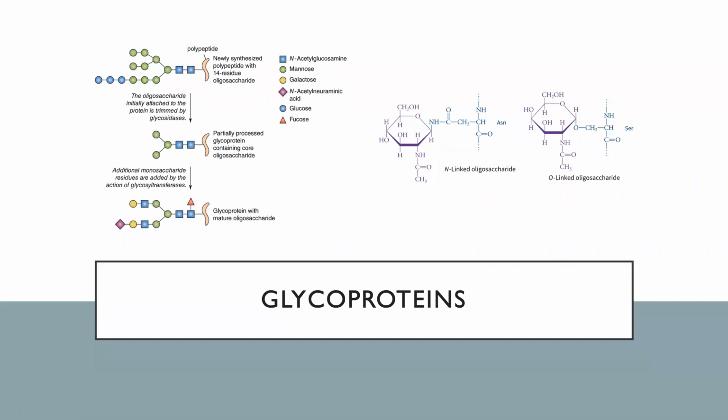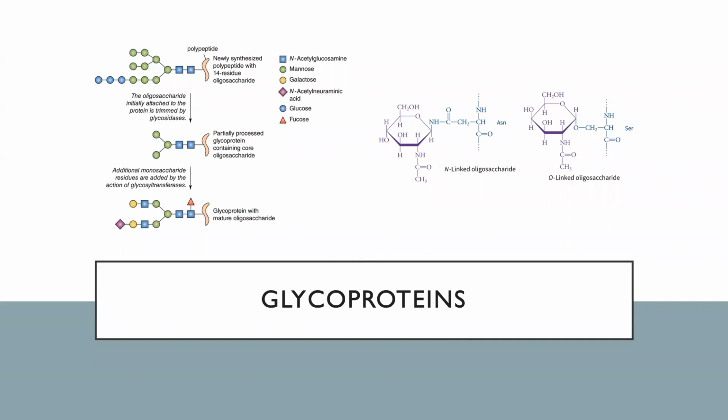Then we can talk about glycoproteins, and these are going to be N-linked proteins. Most of the proteins secreted from eukaryotic cells or remaining on their surface are glycoproteins. So glycoproteins are N-linked via asparagine or O-linked via serine and threonine.